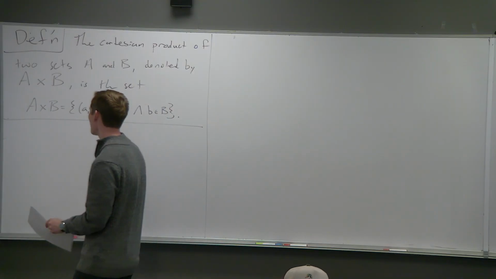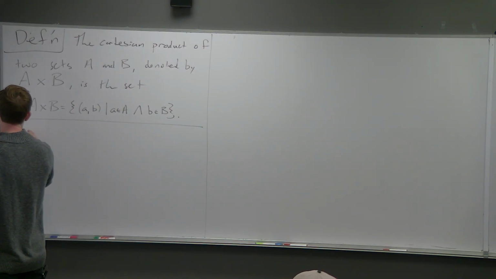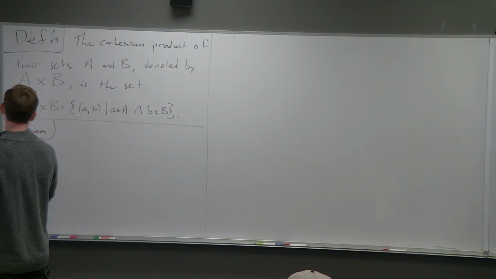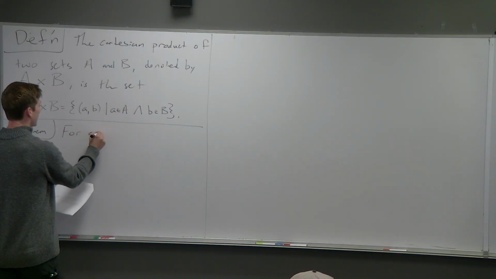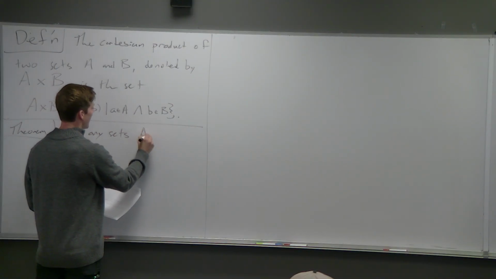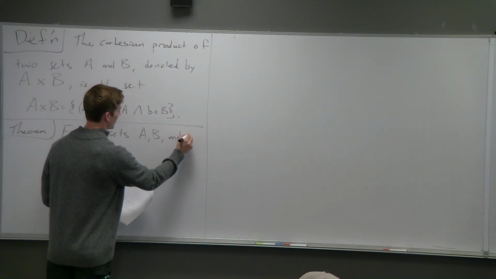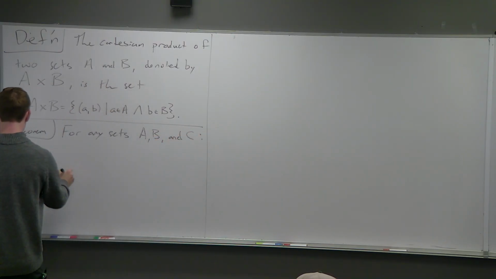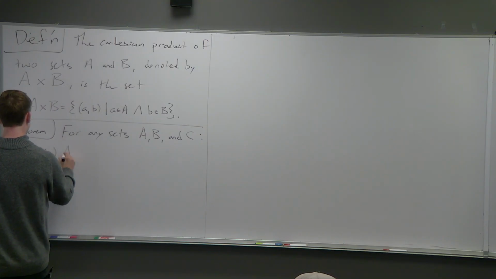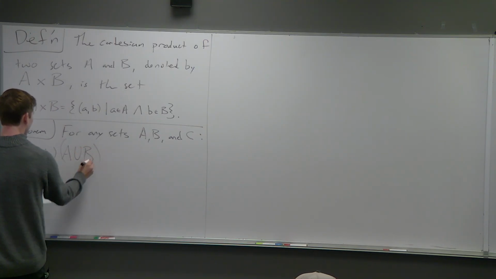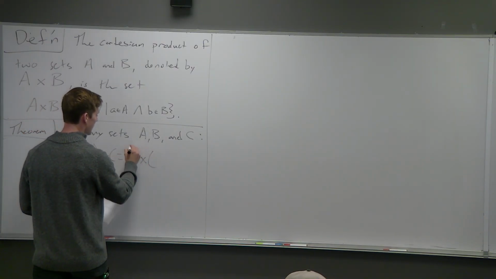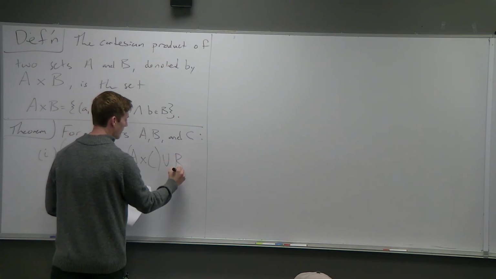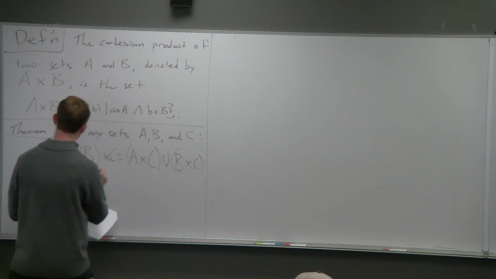Okay, so we had ordered pairs, and we started thinking about how we could do things with these. We had a theorem that I believe we were just about to start proving last time, and then we ended. It said, for any sets A, B, and C, we have the following. 1, (A union B) cross C is equal to (A cross C) union (B cross C).